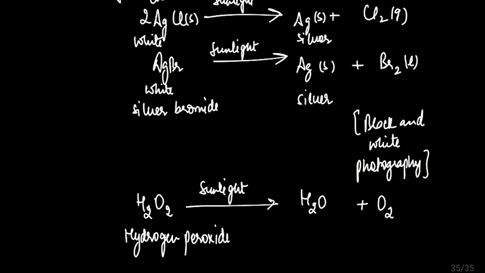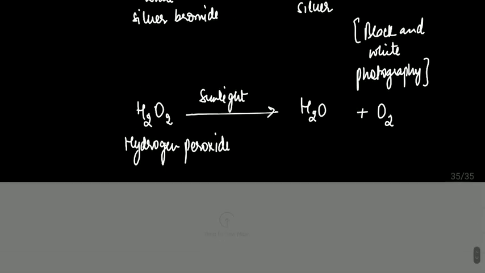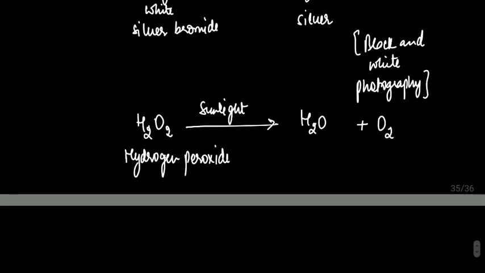Hydrogen peroxide is very similar to water. It's a viscous liquid. Viscous means it has slightly high density, but it looks like water. If we pour it into another beaker, we can get to know that this is not exactly water, but it looks like transparent water only. It's slightly thick. That's why the term viscous. Viscosity means resistance to flow.